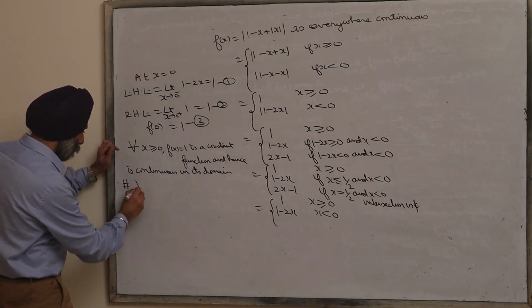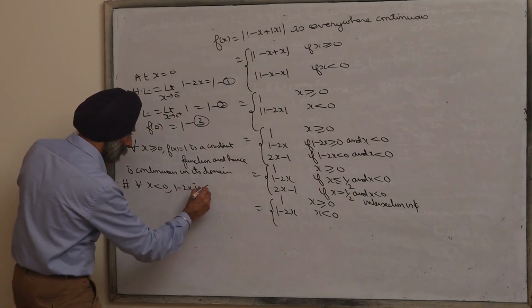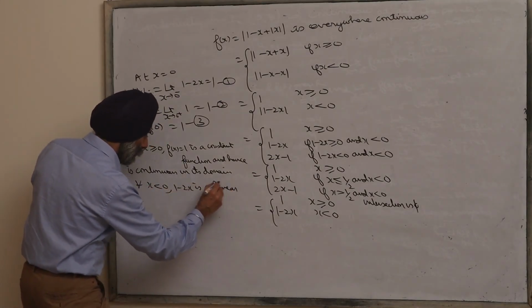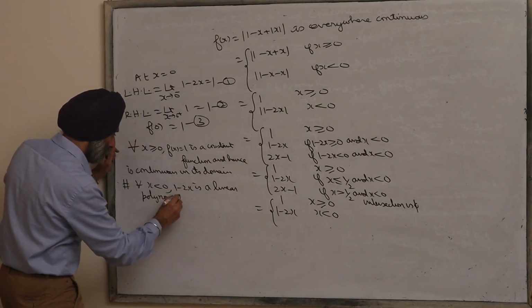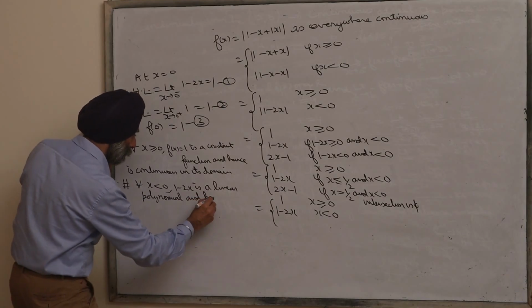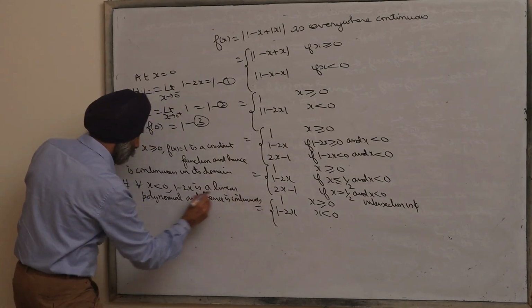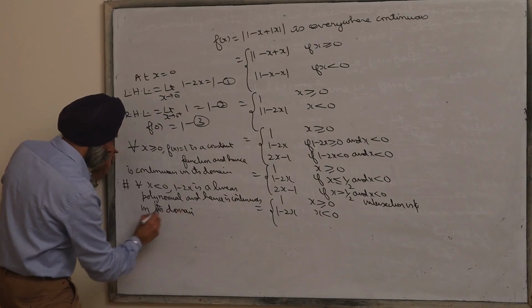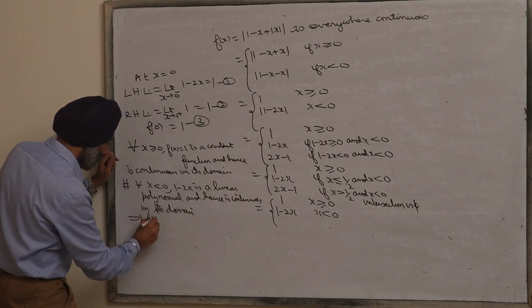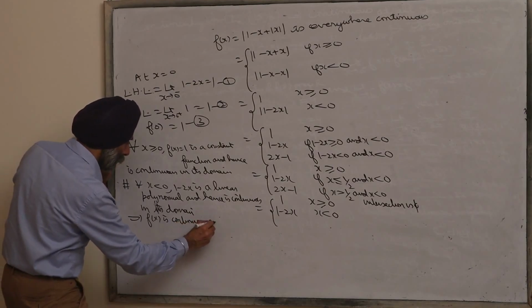Now for all x less than 0, 1 minus 2x is a linear polynomial and hence is continuous in its domain, which implies f(x) is continuous everywhere.